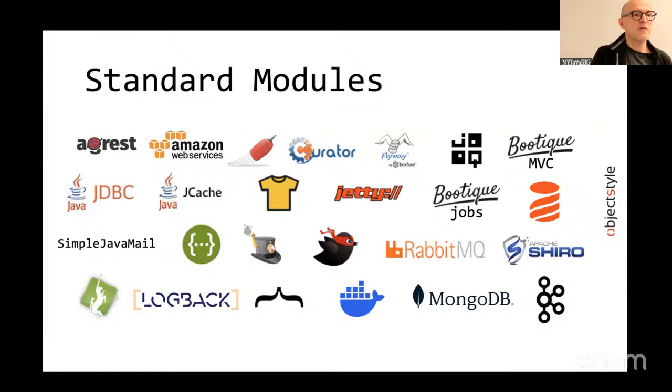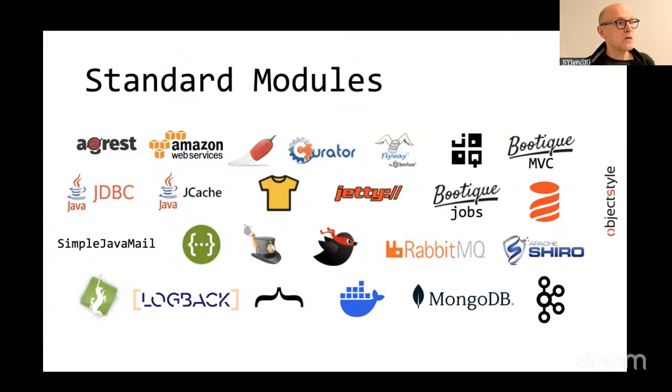A couple of things that we provided ourselves, like I mentioned, Bootique jobs, because we didn't find a good lightweight scheduler for jobs. It's actually using Spring Schedule internally. We have a very simple MVC framework. There's no Hibernate here, for instance, because we are using Cayenne instead of Hibernate.